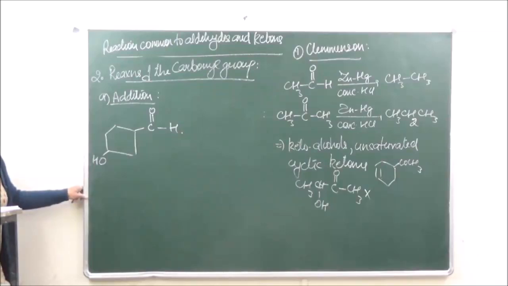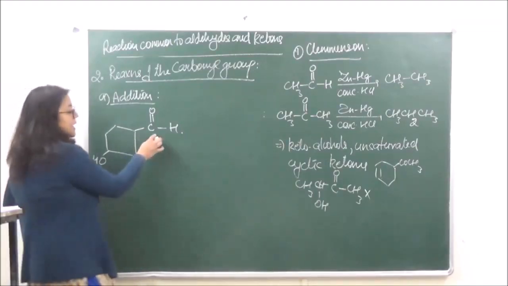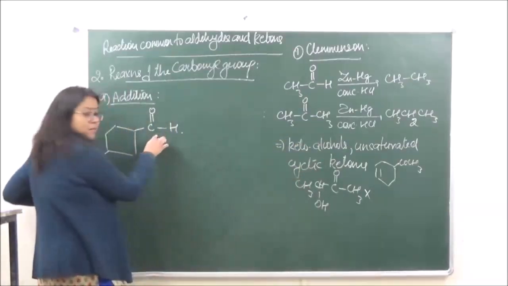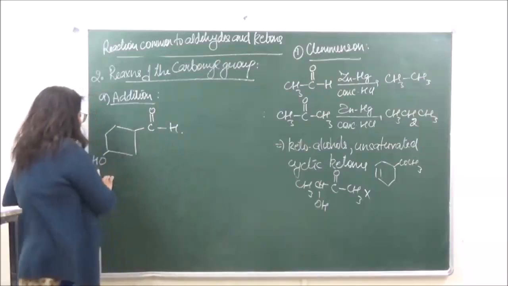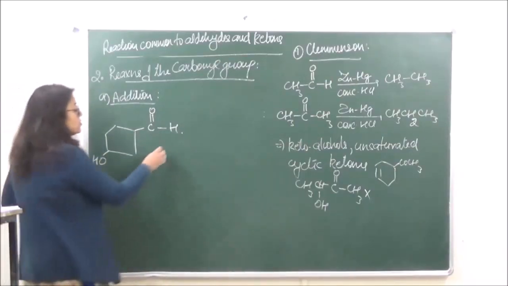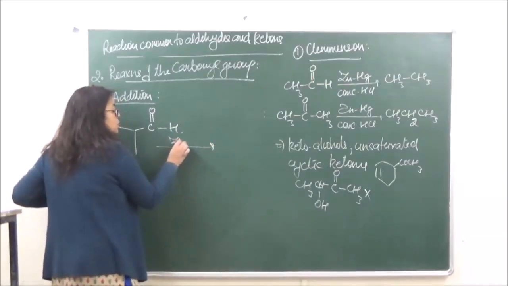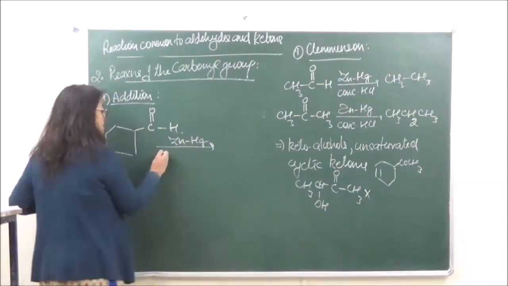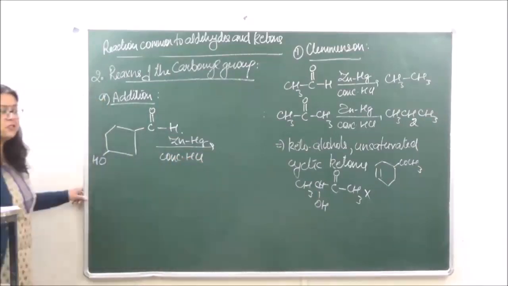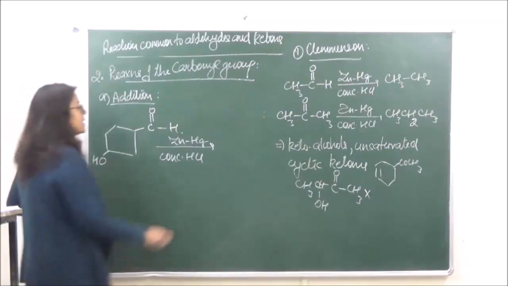If this is the type of compound which we have over here, you will see that this does not fall in either of these categories. So this can be reduced easily. But at the same time, the OH is going to get substituted because of the presence of concentrated HCl which we are using. So we have zinc amalgam in presence of concentrated HCl.